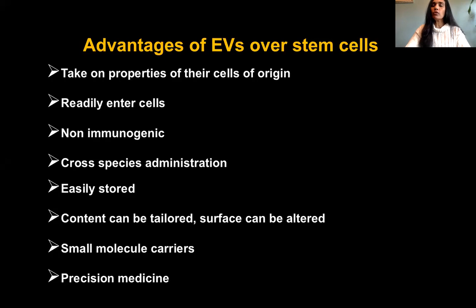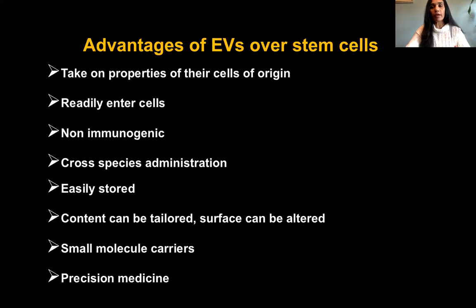The advantages of EVs over stem cells. The most important property is they have the same properties as their parental cell, or the cells of their origin. If it is coming from a stem cell, they will take on the properties of stem cells. If it is a cancer cell, then they will have the cancer cell properties.